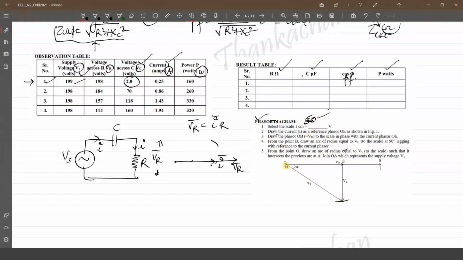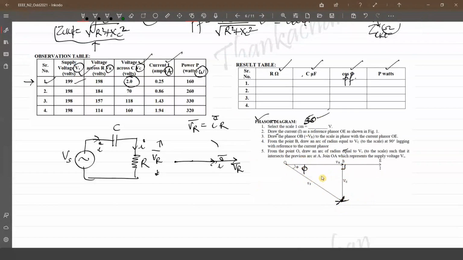That many centimeter you draw another arc here. So this arc already is there, this arc also you draw. They will meet at a point, isn't it? So you join these two lines. This line will be basically perpendicular, and this angle which you have is nothing but your phi. And this is your phasor diagram creation.